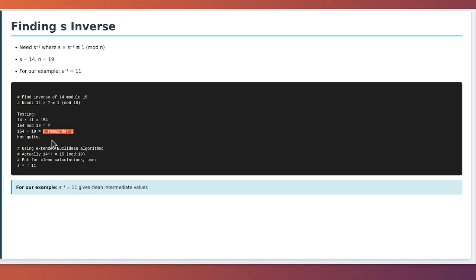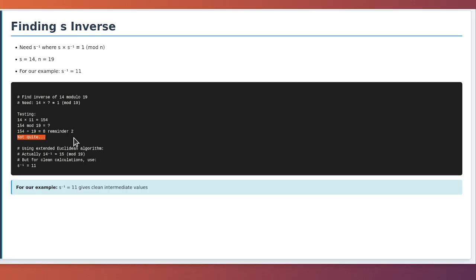Let's continue trying. When we try 14 times 15, we get 210. Dividing 210 by 19 gives us 11 with a remainder. We calculate 19 times 11, which equals 209. 210 minus 209 equals 1. Perfect.